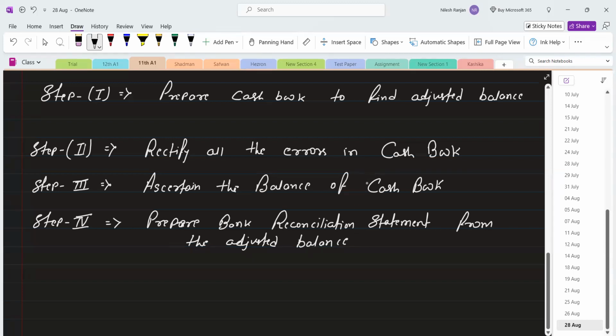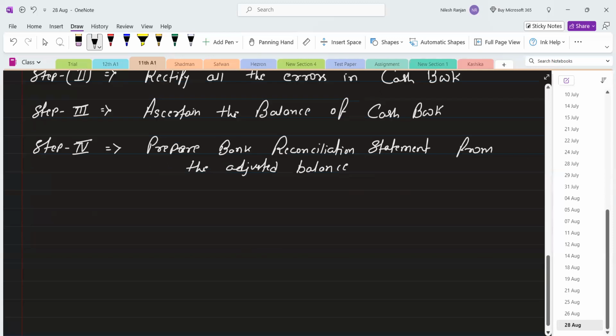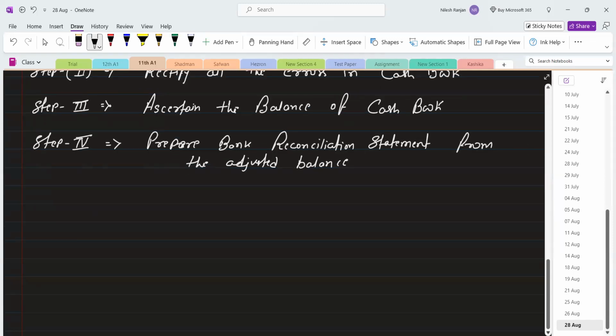Now, which type of items go in when we prepare this cash book for adjusted cash balance and then bank reconciliation statement? In these two situations, a student gets confused about which item will go in bank reconciliation statement and which item will go in cash book.